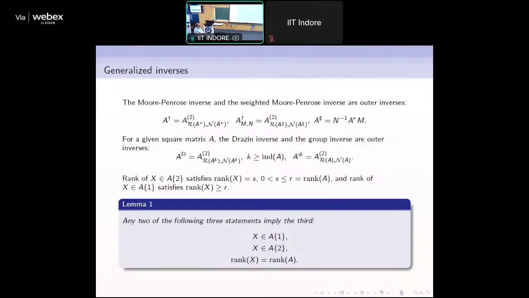The Moore-Penrose inverse is one particular outer inverse with prescribed range and null space equal to the range and null space of the conjugate transpose. The weighted Moore-Penrose inverse is an outer inverse with range and null space. The Drazin inverse is an outer inverse with range and null space related with the index of the matrix. The group inverse is the Drazin inverse in the particular case when the index is equal to 1.